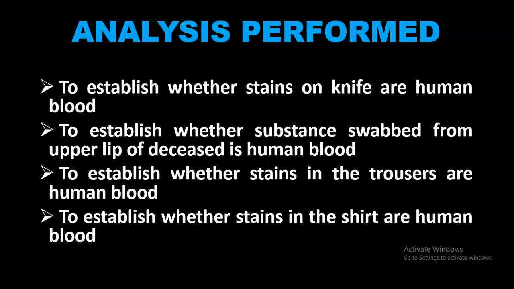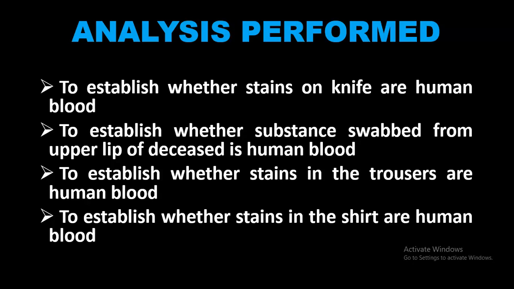So, the various analyses that were performed. 1. Analysis was performed to establish whether stains on the knife are human blood. Also, analysis was performed to establish whether substance swabbed from the upper lip of the deceased woman is human blood.